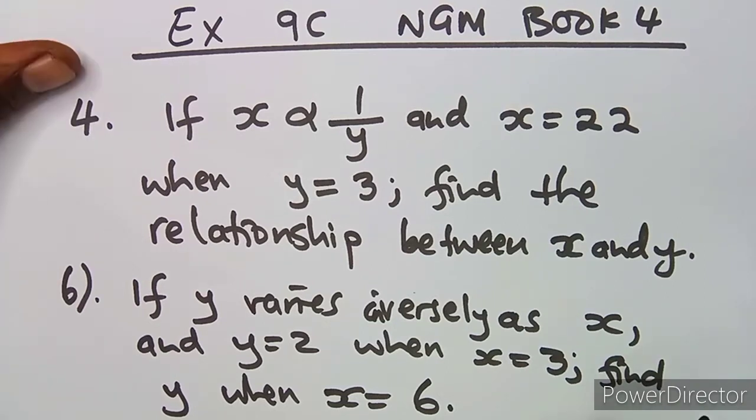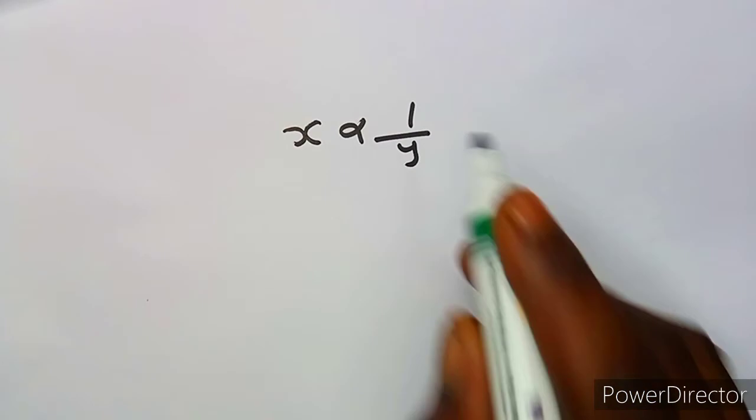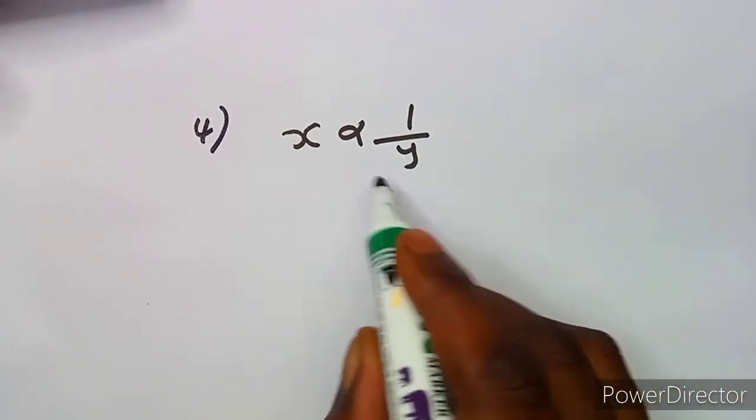So like direct variation, you still have to consider the same thing here, guys. X varies inversely as Y. Remember, the first thing is to introduce the constant.